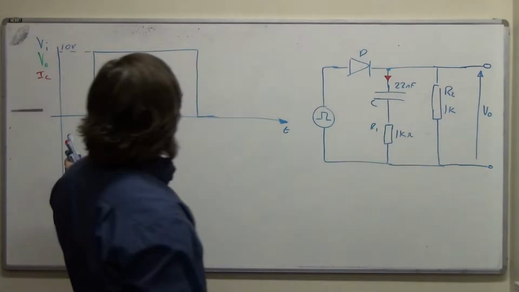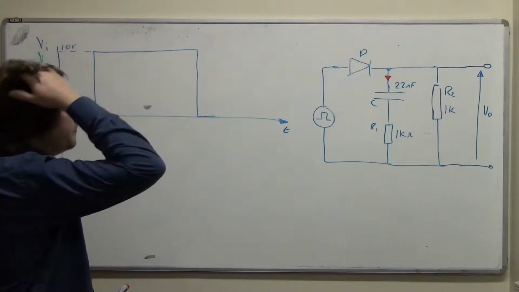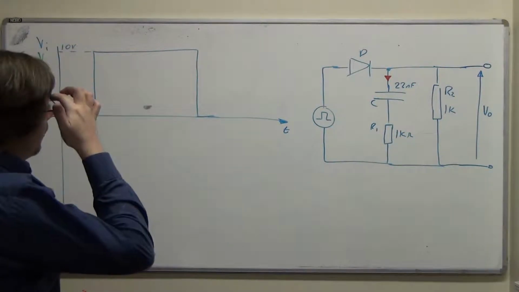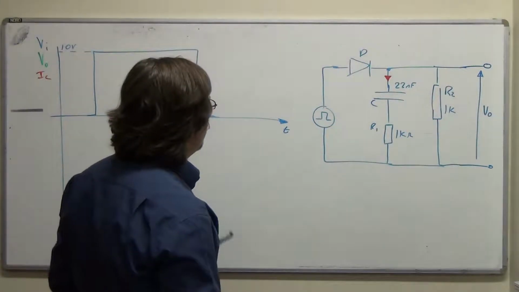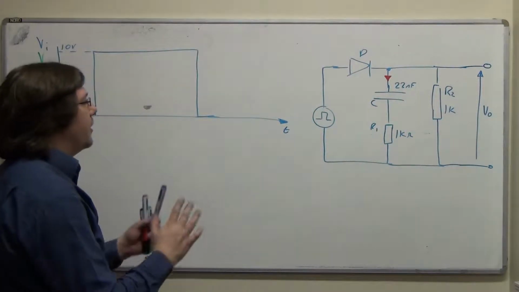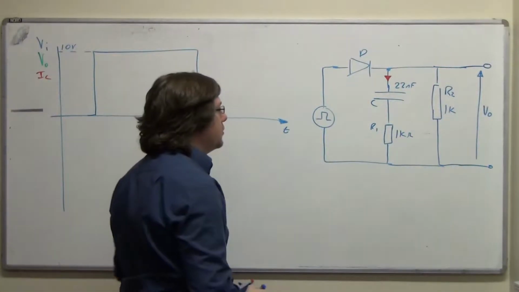So when the pulse is applied to the circuit, the diode will conduct immediately and the capacitor will charge up to some value that we're not sure about yet, and some current will flow through R2 as well.